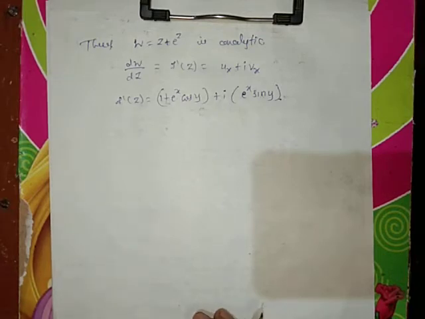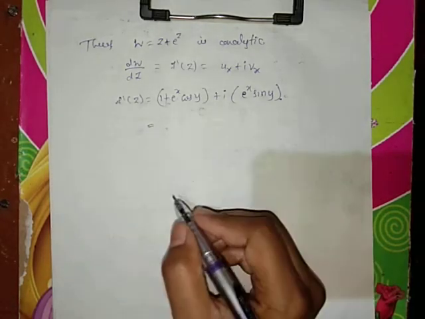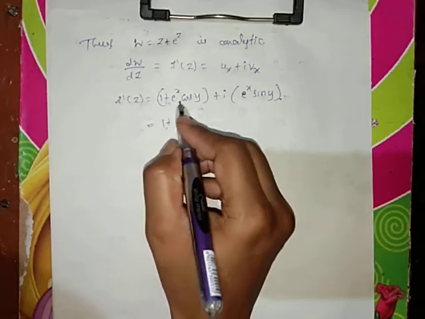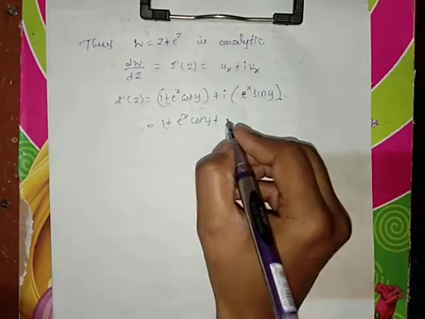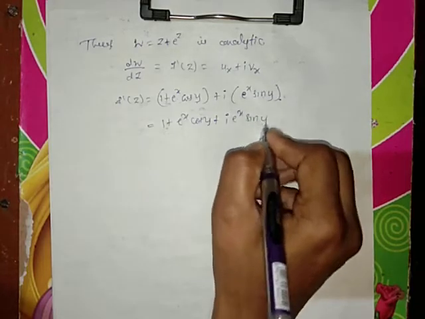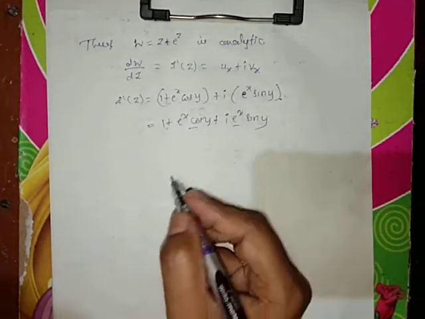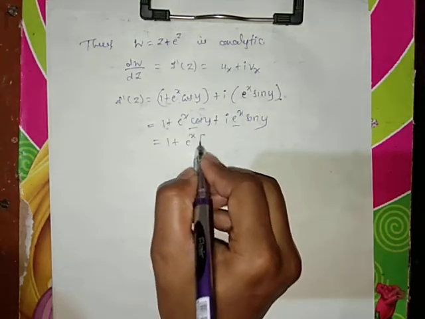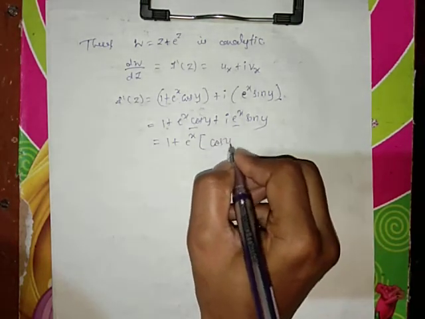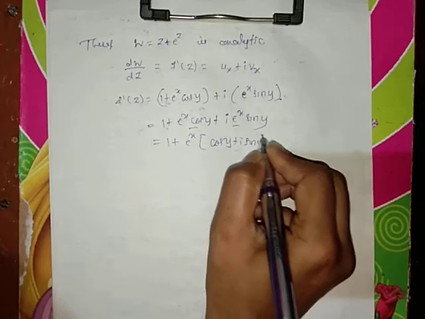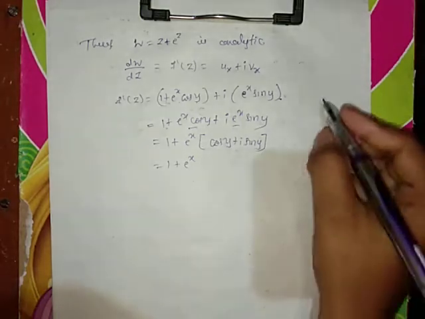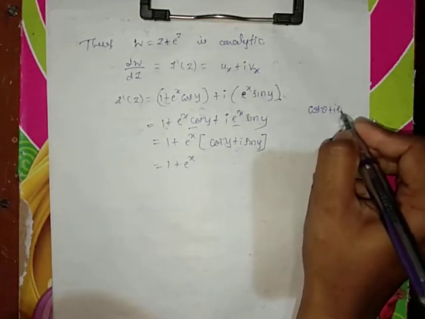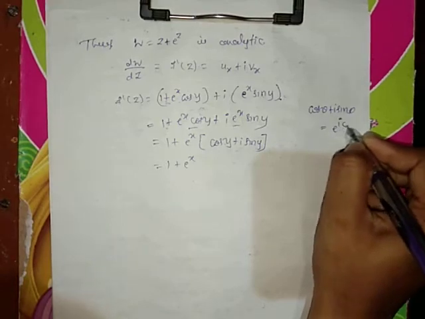Now we have to make the conversion of the terms to get them in terms of x plus iy. So now I want to make 1 plus e raised to x cos y plus i into e raised to x sin y. In these two terms e raised to x is common. First I take the e raised to x common. Remaining is cos y plus i sin y. So cos theta plus i sin theta equal to e raised to i theta.